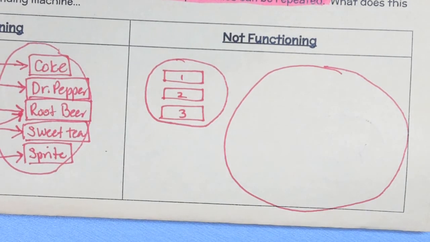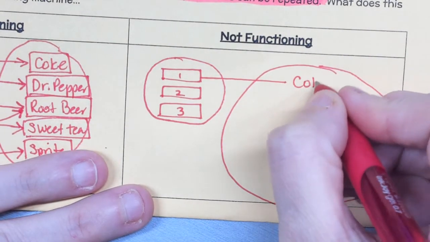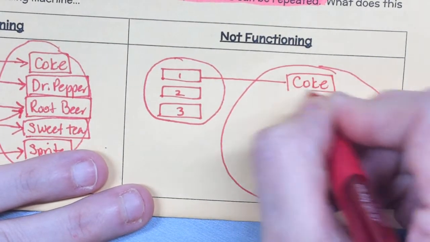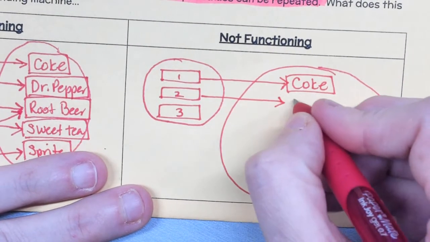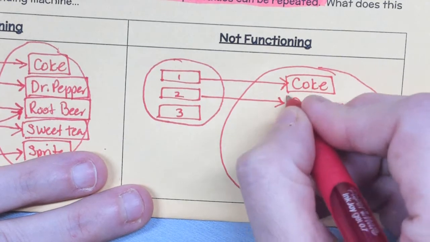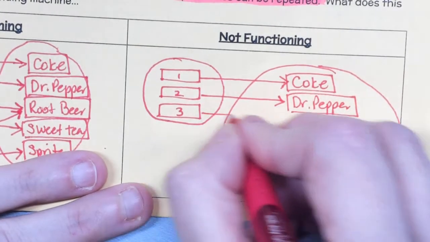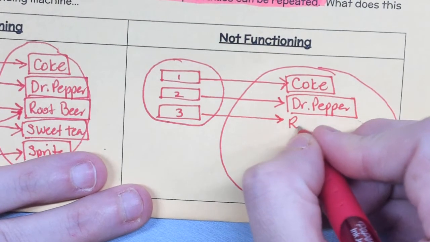Now in this Coke machine, just like in the other one, if I hit the 1 button, I get a Coke. If I hit the 2 button, I get Dr. Pepper. If I hit the 3 button, I get root beer.